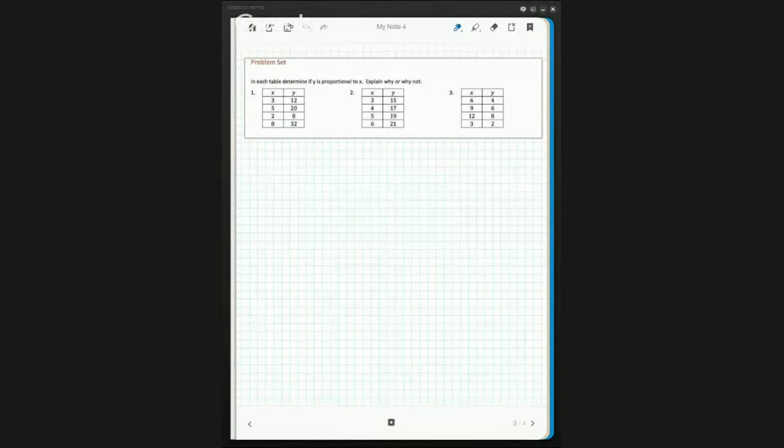What I want to do here is look specifically at problem 2. And you're going to do 1, 2, and 3 all the same way. We're going to find out whether we have a proportional relationship.